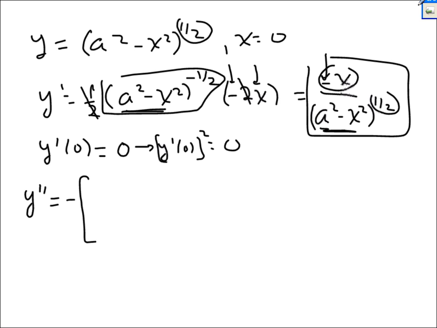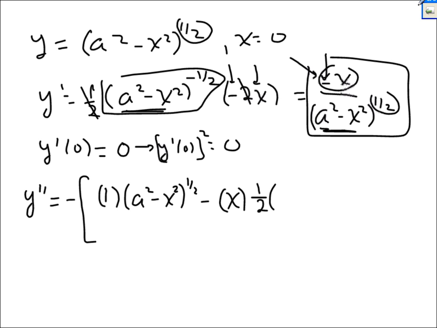Now I use the quotient rule. It's the derivative of the top, which is 1, because it's just x on top now. I factored out this negative sign, times the bottom, minus the top, which is x, times the derivative of the bottom.